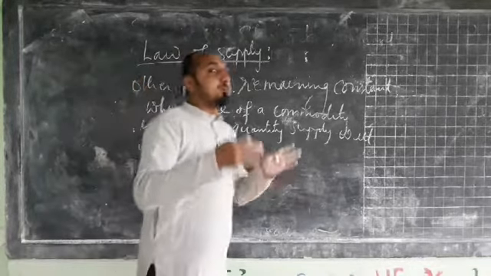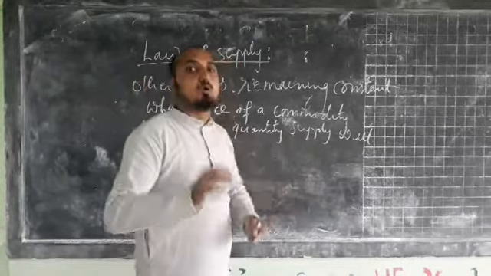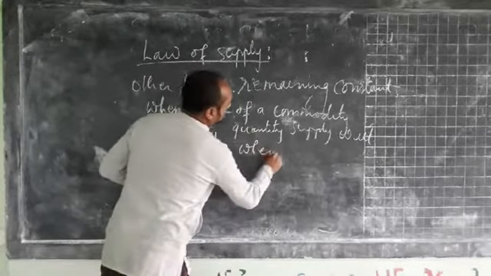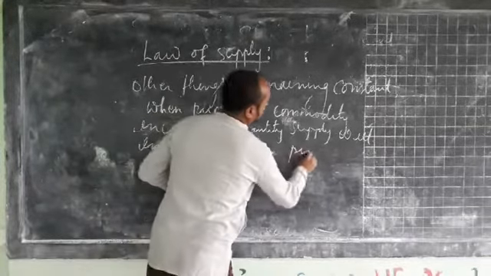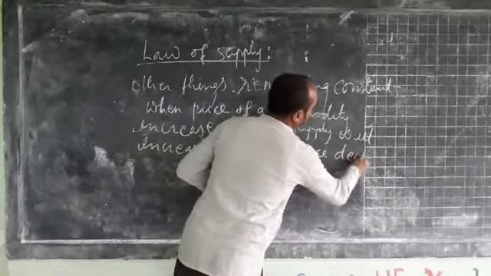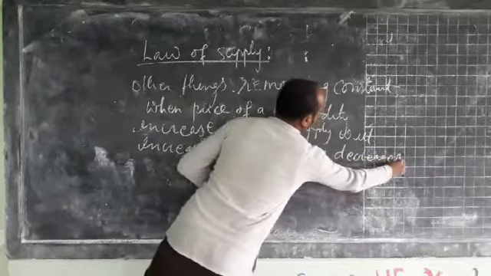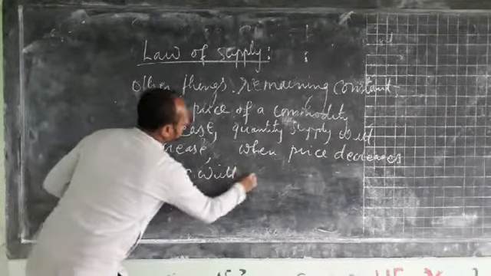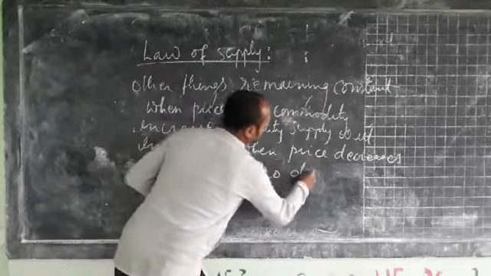And when price of commodity decreases, the quantity supply will also decrease.